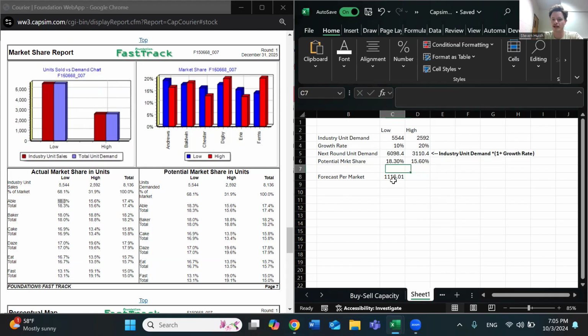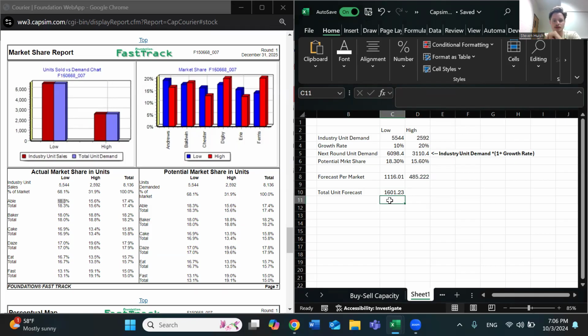I could copy and paste that to the right, and I can see that my total unit forecast for round one in this new pie was low tech plus high tech, 1,601 units. And I could leave it there, or I could start looking at the market and try to get a more accurate forecast.